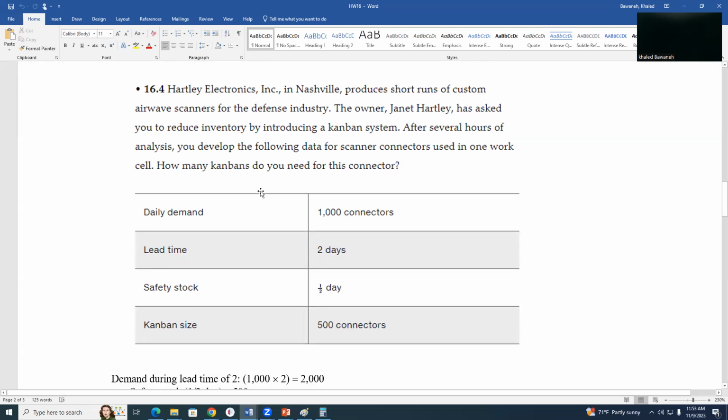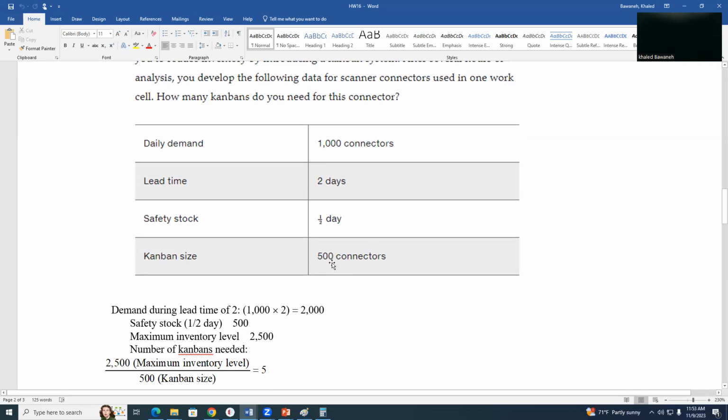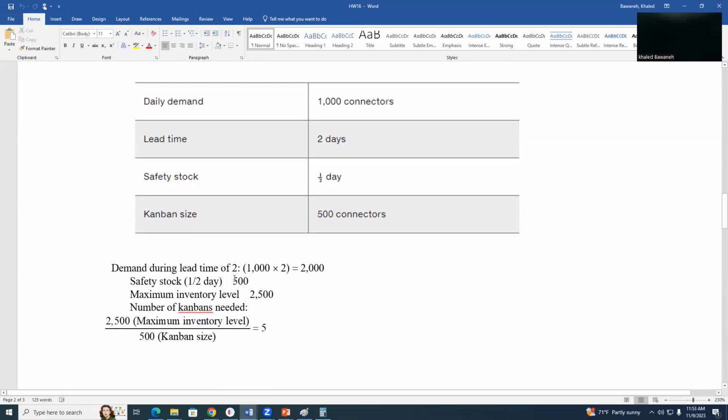After several hours, we came up with this data. So demand during lead time, oh, we did that recently, right? So we said daily demand is 1,000, lead time is 2 days, safety stock half a day, Kanban size is 500.